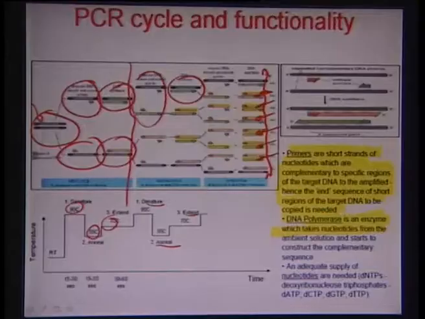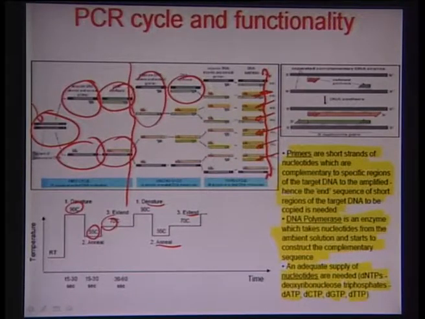Also, DNA polymerase is an enzyme which takes nucleotides from the ambient solution and starts to construct the complementary sequences, and you do need an adequate supply of these nucleotides, the so called dNTPs, deoxyribonucleotide triphosphates. It can be a dATP, that means with an adenine group, a dCTP with a cytosine group, similarly with a guanine group and with a thymine group.